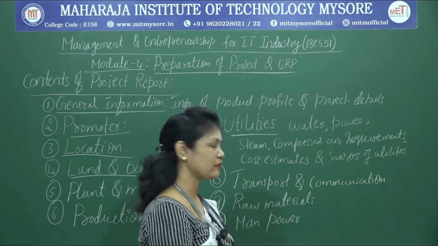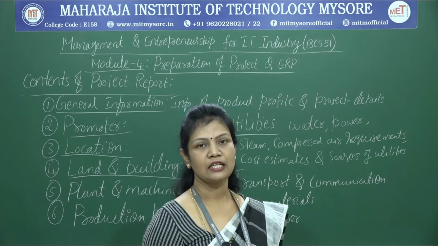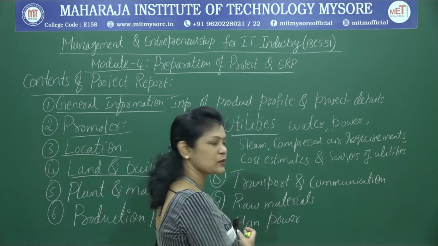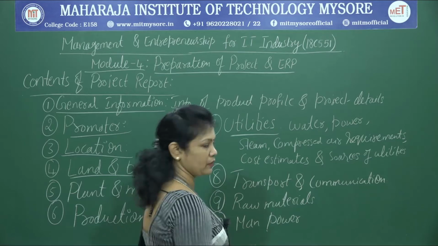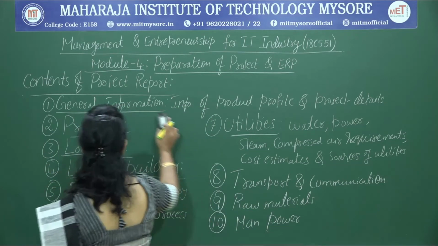So henceforth, manpower is nothing but the number of employees required in order to carry out different tasks within the organization. So this needs to be specified under the heading manpower. So moving further, we have the next one.